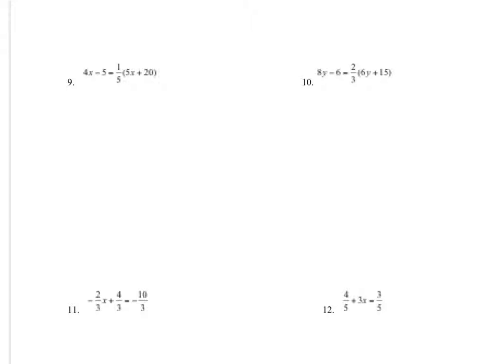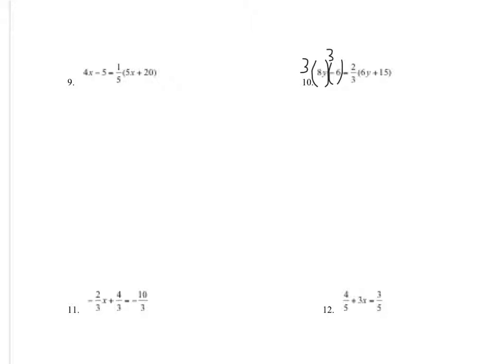So for number 10, again, we only have one denominator. It's right here, number 3. And so that means we have to multiply everything in this problem by 3. So we're going to multiply this by 3. We're going to multiply this by 3.